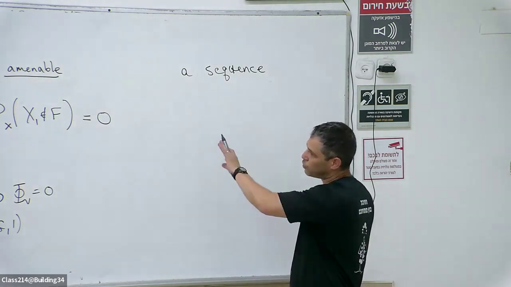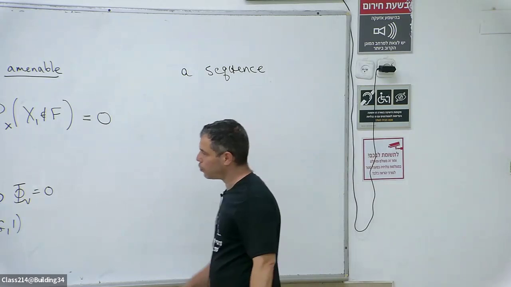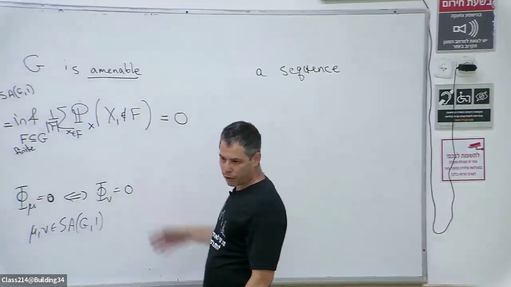But for us, this is what I want. Instead of amenable, I could have just said I want a group where I can find larger and larger sets that have small boundary compared to their volume.